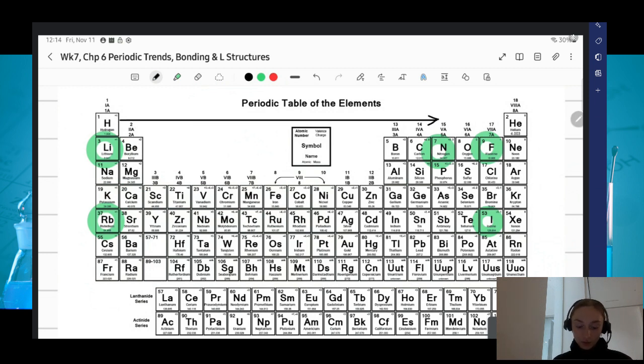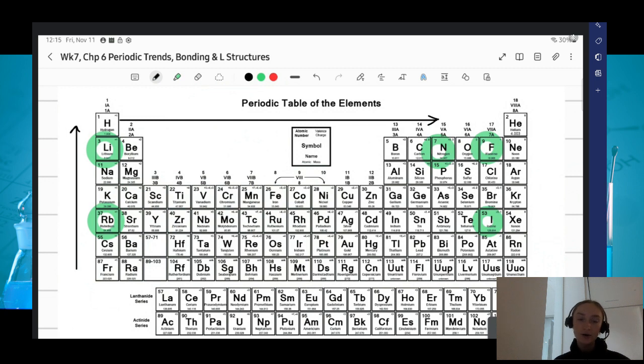Also, the least amount of protons and neutrons means it's going to be smaller because it has less in the atom. So moving across and also up at the same time, a diagonal upwards motion, results in general in the smallest radius size of these atoms.